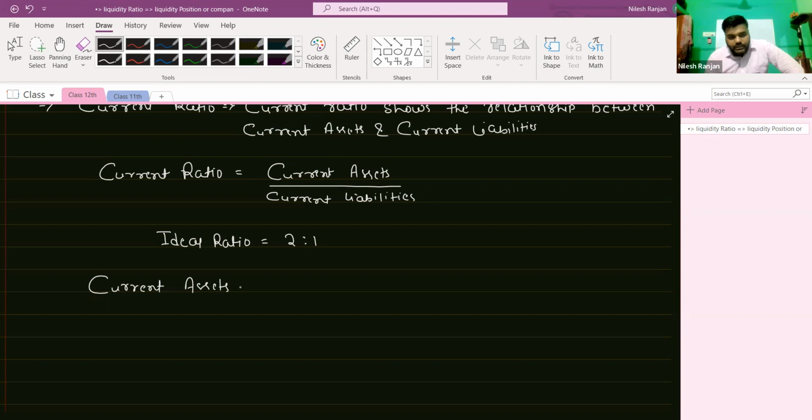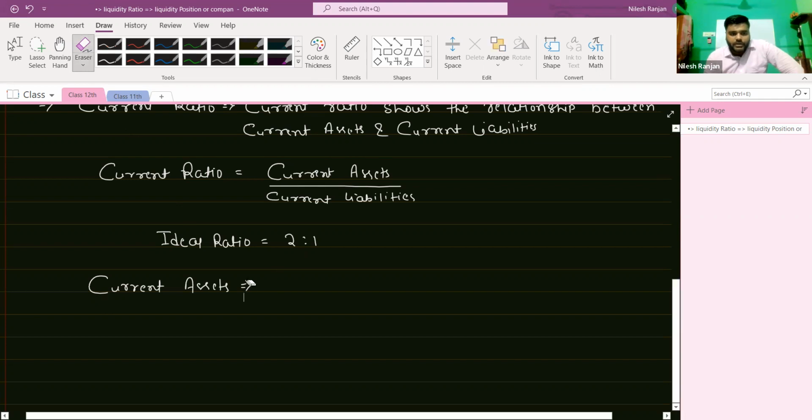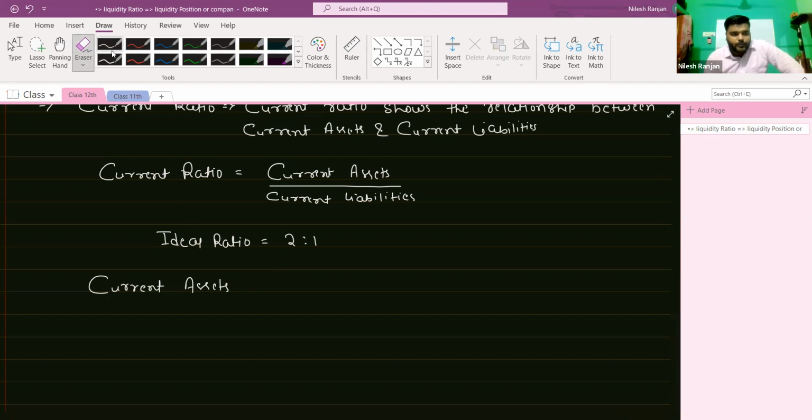So what are the items included in current assets? No, not now. We will do question. It is part of theory.